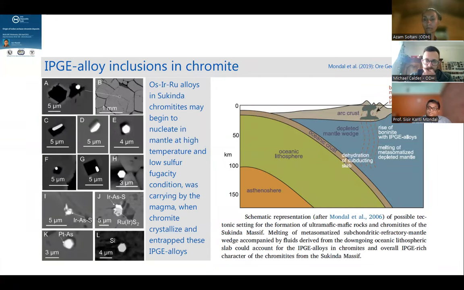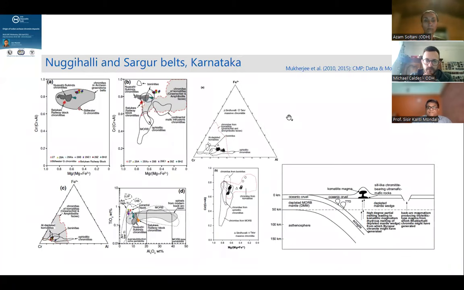In most cases, these chromitites are IPGE rich, and we have found similar things for the Nuggihalli and Sargur belts. These are also characterized by high Cr number and high magnesium number. And in terms of the parental magma composition and other tectonic discrimination plots, we have found similar things, like these are basically low aluminum chromititic to boninitic to high magnesium siliceous magma perhaps. And we propose similar mechanisms for this kind of magma generation.